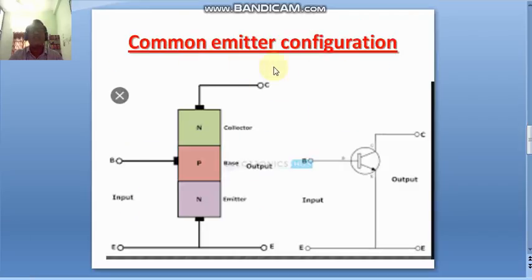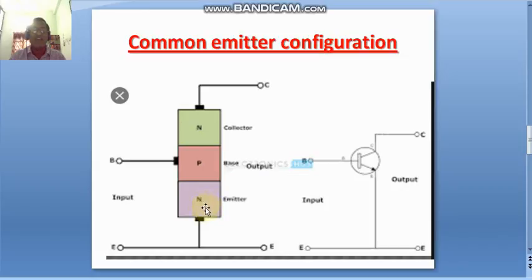Come to common emitter configuration. Common emitter configuration is defined as: if the emitter terminal of the transistor is connected in the input circuit as well as in the output circuit, then that configuration is known as common emitter configuration. If you observe the diagram, this is an NPN transistor.